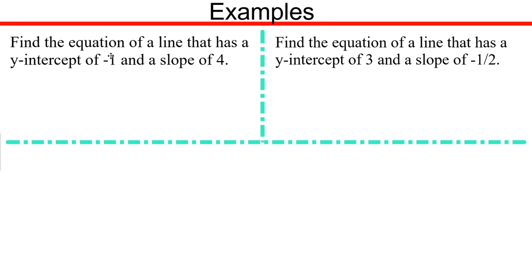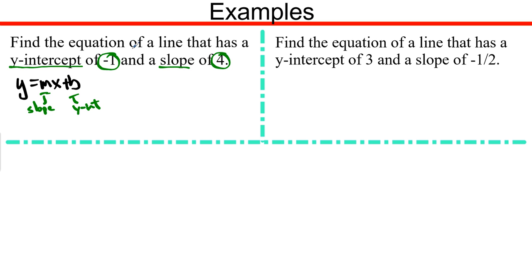First up, let's work the one on the left here. Find the equation of a line that has a y-intercept of -1 and a slope of 4. Again, we want the equation of the line, y equals mx plus b. Remember, all we need is our slope and our y-intercept.